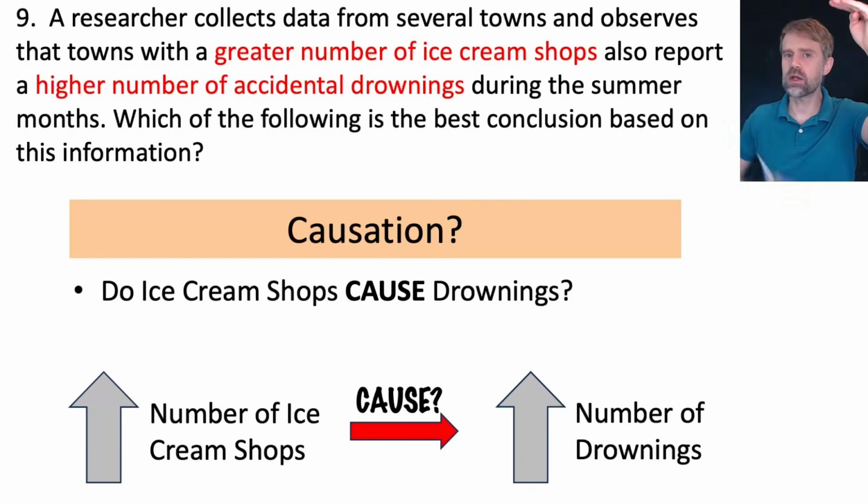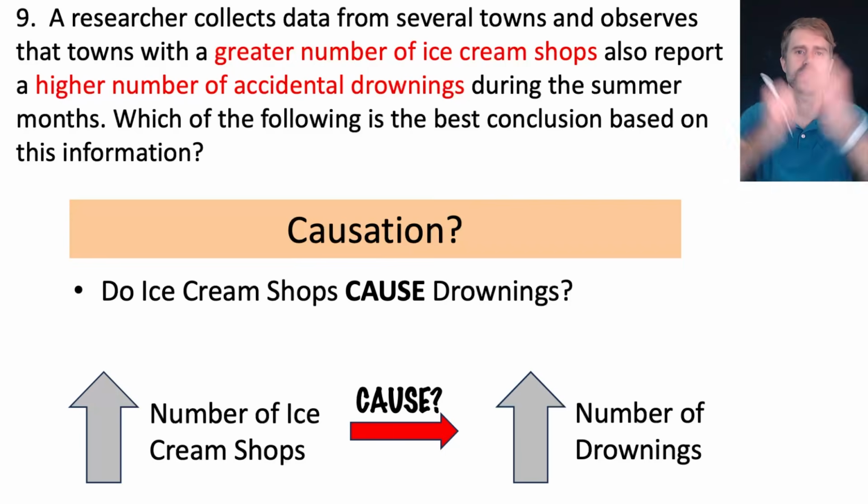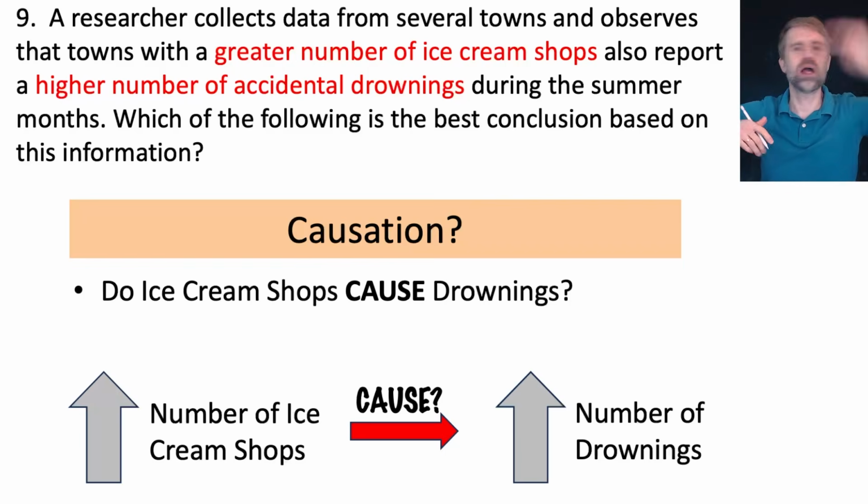Just because one thing goes up and another thing goes up does not mean that one thing is causing the other. And that's what correlation versus causation is all about. Are the ice cream shops making people drown? Heck no! These two things are related. More ice cream shops, more drownings, yes. But the ice cream shops are not causing the drownings, right?